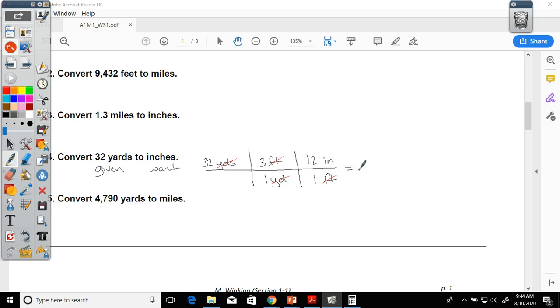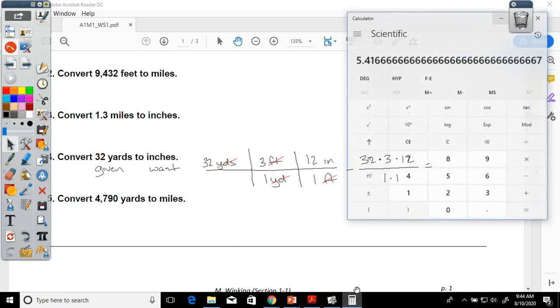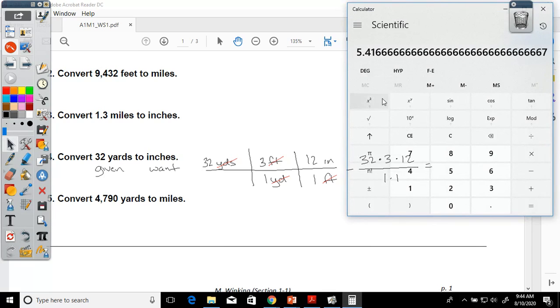So now when I multiply across, I get 32 times 3 times 12 divided by 1 times 1. Okay, we can use our calculator here. Let's clear it out.